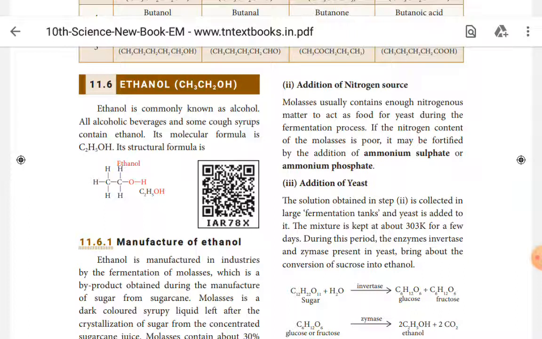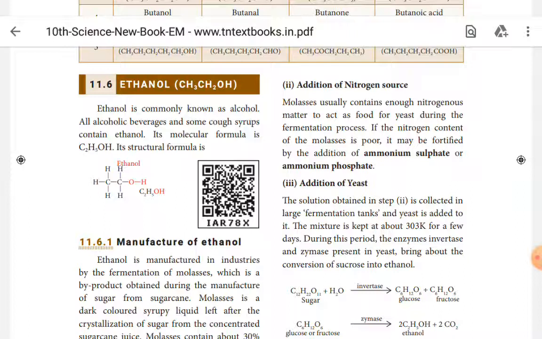Ethanol is commonly known as alcohol, and all alcoholic beverages and some cough syrups contain ethanol. The molecular formula of ethanol is C2H5OH. Also we can write CH3CH2OH.